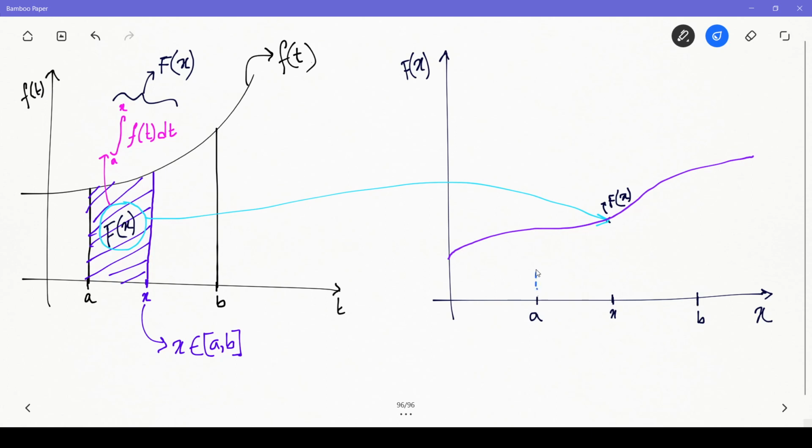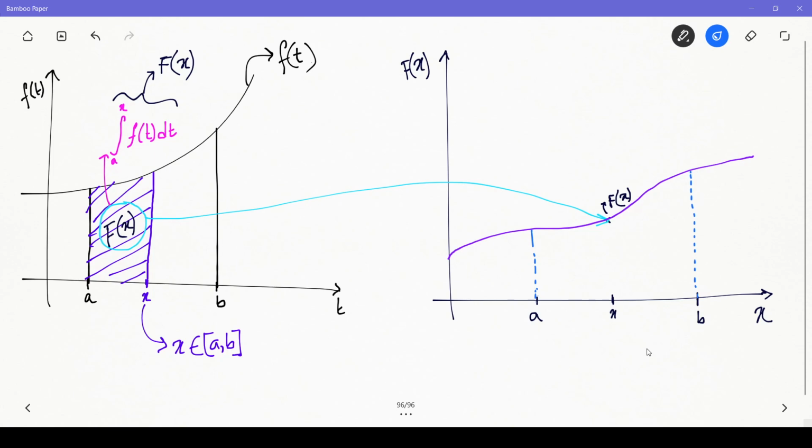So between these two ends of the interval, this function capital F of x is continuous and differentiable at every single point. Okay, so we are considering the open interval. So a and b are not included, obviously. So from values greater than a and values less than b.